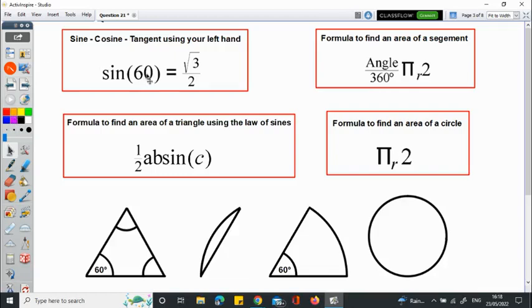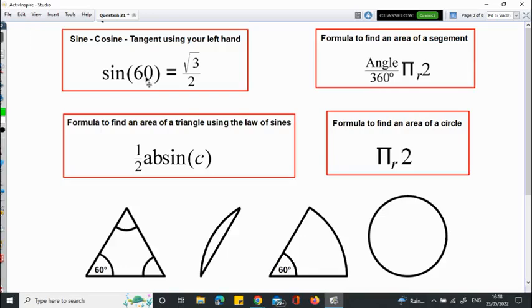I'm not going to go through this one, but you would have been taught, or may not have been taught, that you can find the sine, cosine and tangent of the common angles 0, 30, 60, 45, 90 using your left hand. I encourage you to go on the internet to see how to do that. And the sine of 60, which is what we're going to be using, is √3/2.